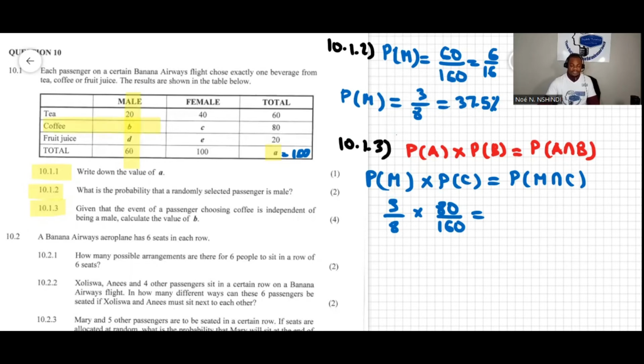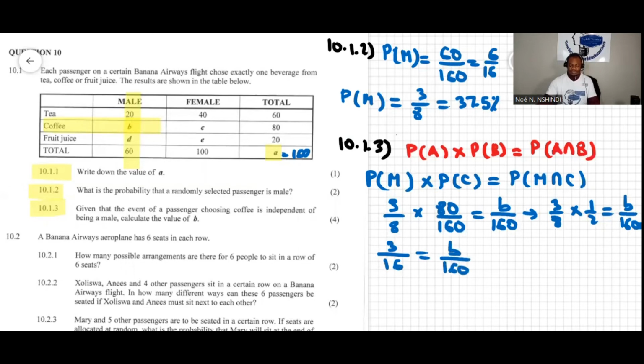So male and coffee is B over 160. So 3 over 8 times a half gives 3 over 16, equal to B over 160.